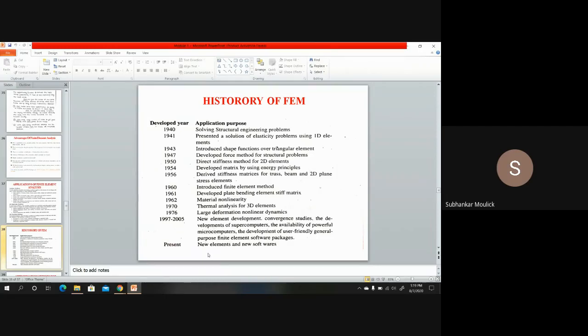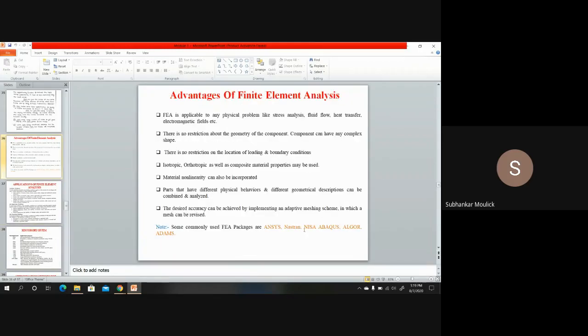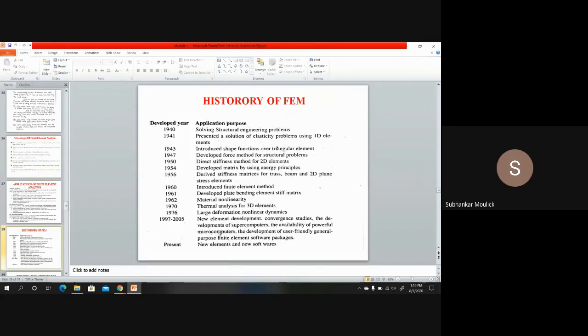In the present days, many new types of elements and new software have been discovered. Earlier we used only ANSYS, but now Abaqus is there, Algor is there, Adams is there, in which you can write the code and analyze the structure. Clear? This is the brief history of FEM.